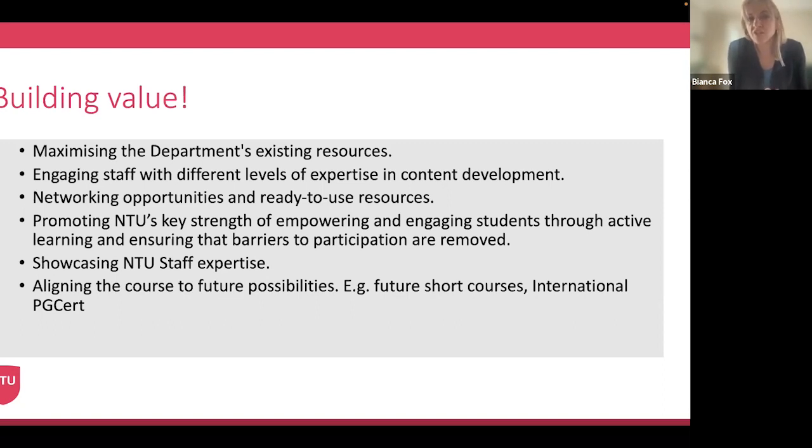We tried to engage staff from our department that were well known to have a certain level of expertise in developing online content, but also in facilitating scale-up workshops or team-based learning workshops that were the topic of one of the weeks included in the short course.